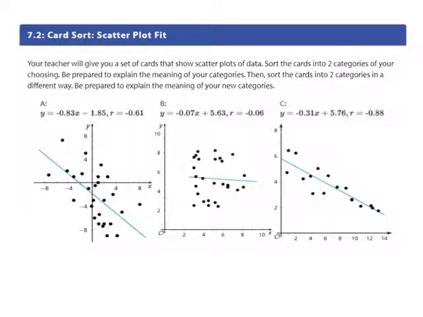Once you're done that, then I'm going to have you mix them all up again and come up with 2 new splits or buckets that you can put them in. So why don't you pause the video, open the file, or you can also watch the video for the next 2 slides, make some decisions going back and forth about your first set of buckets and then your second set of buckets.